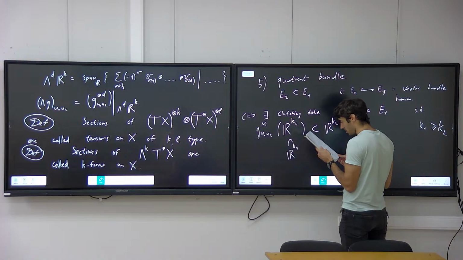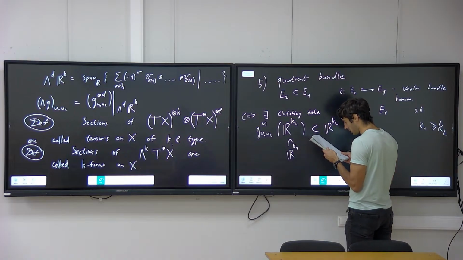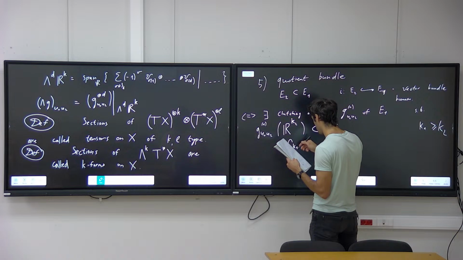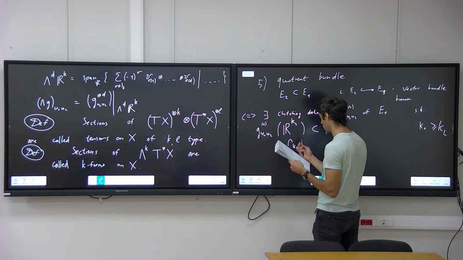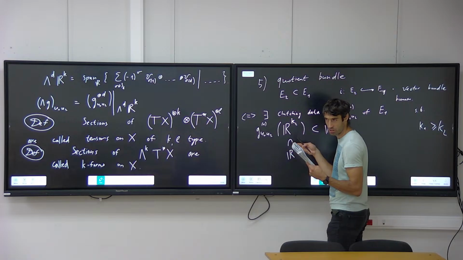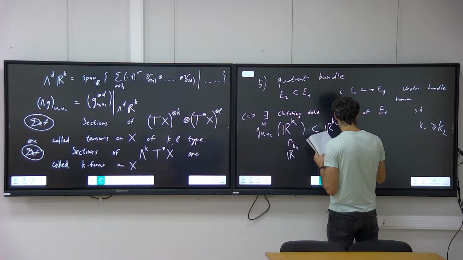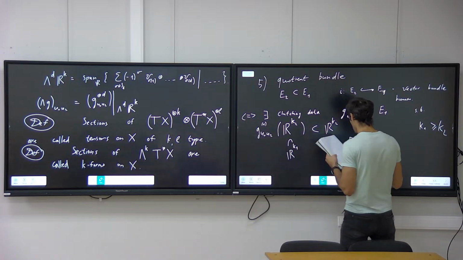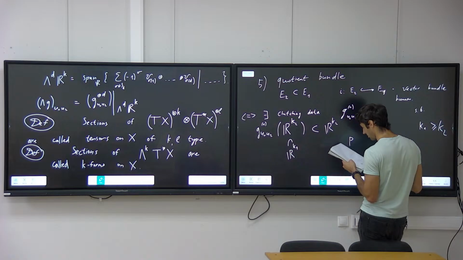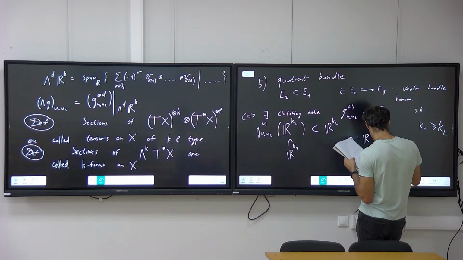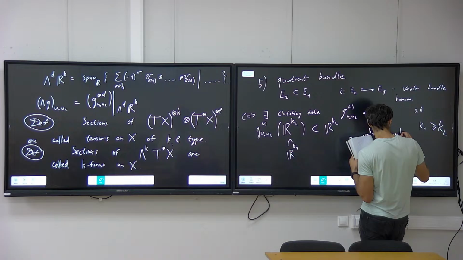Okay, so then I would like to consider this inclusion, right? So say these are the first K2 entries in the vectors in here, and then I just take P, which is, consider the natural projection from R^K1 to the quotient.